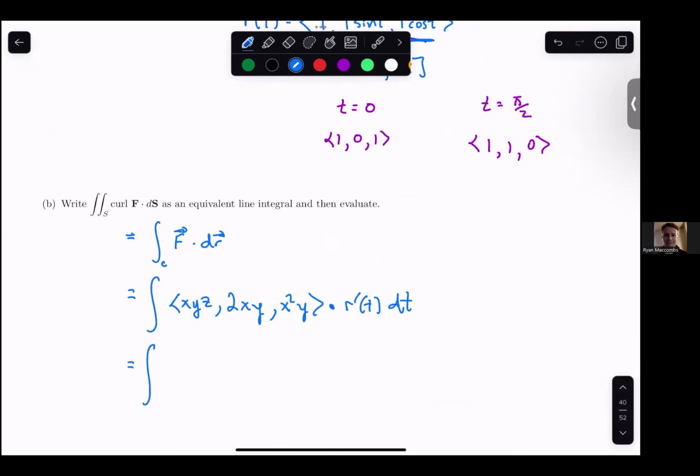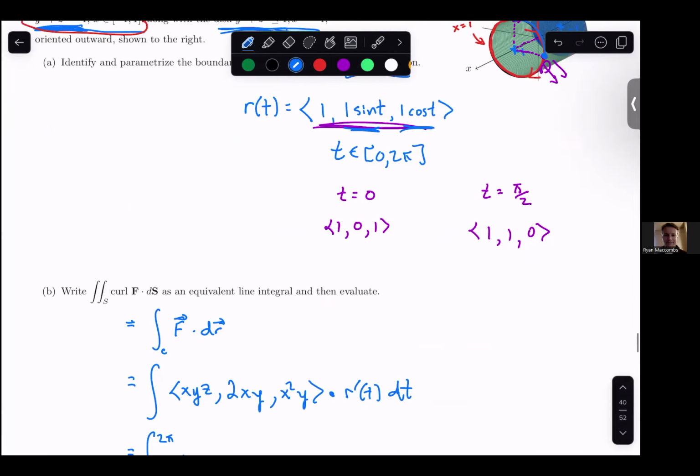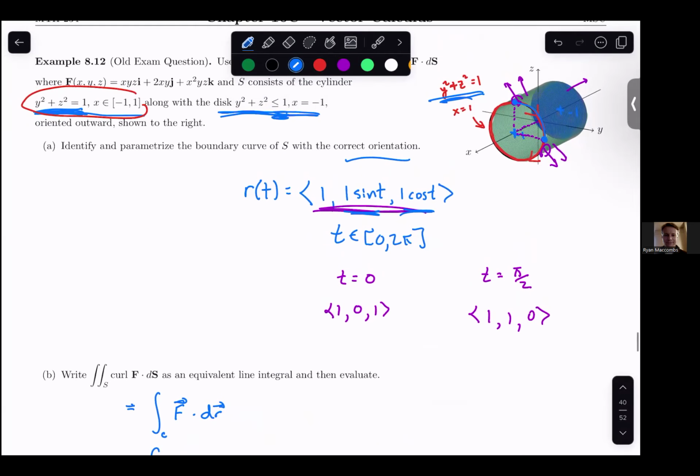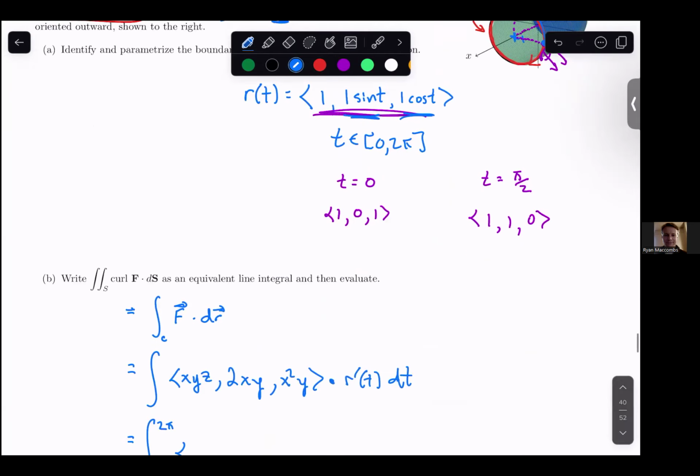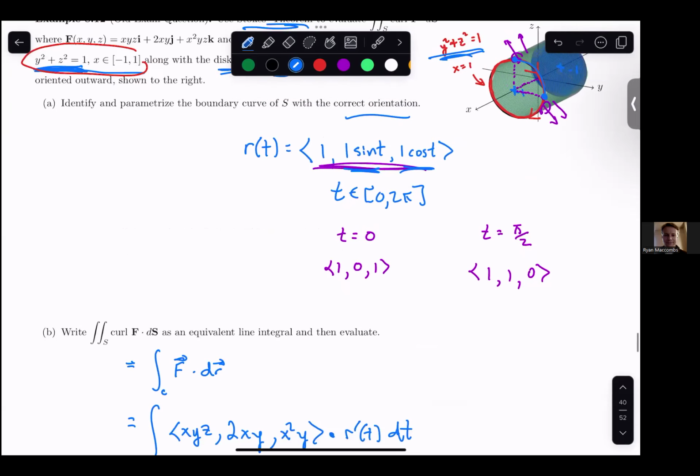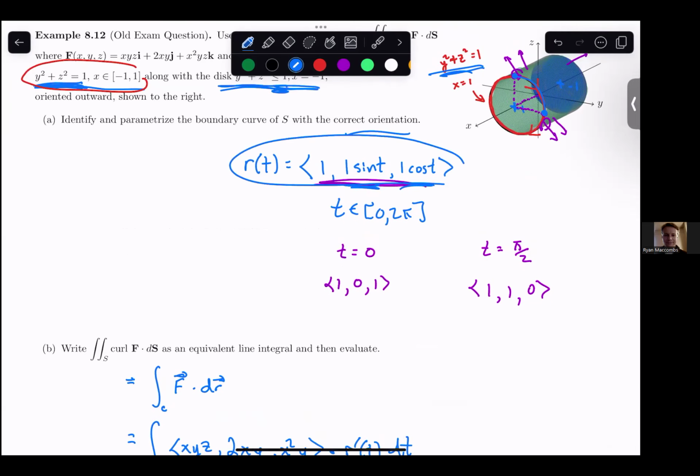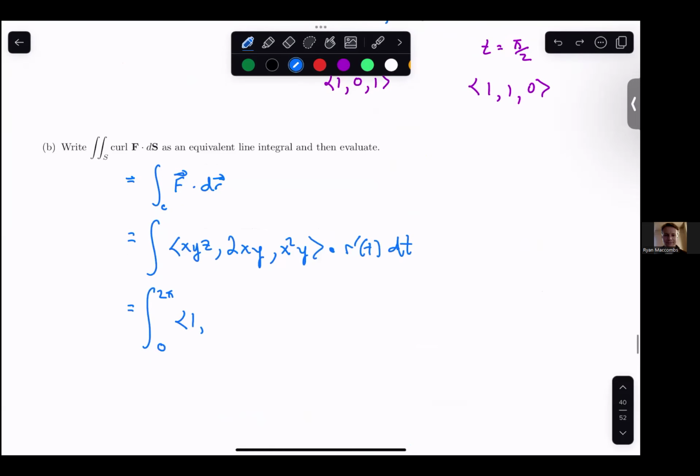And when we integrate, we have a t integral. So we're going to go from 0 to 2 pi. After all, that was with our parameterization, what it gave us. Instead of x, I'm going to go ahead and plug in x being what? 1. That's where, again, this is looking at our parameterization. Y is sine. Z is cosine.